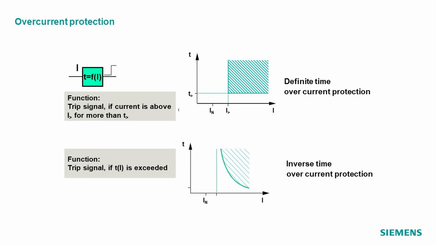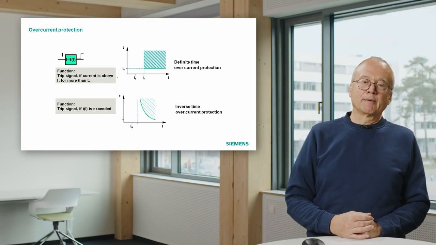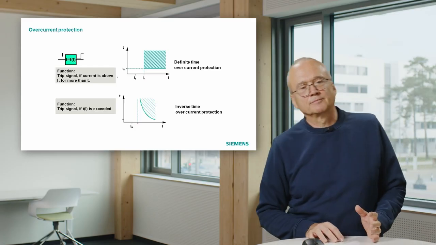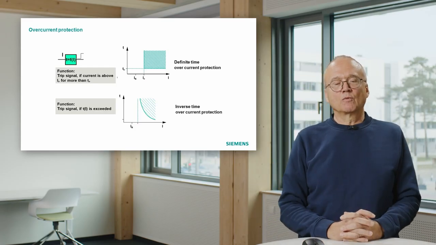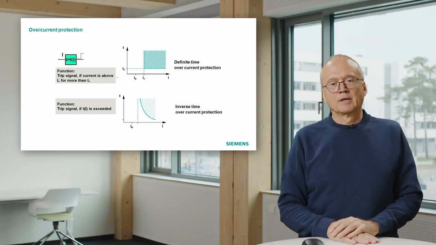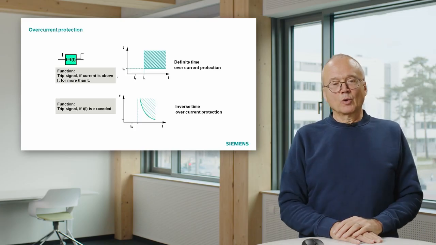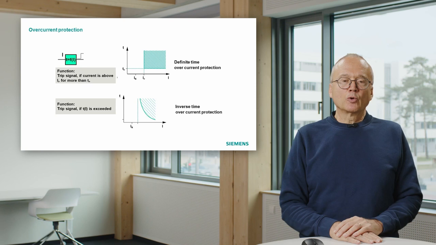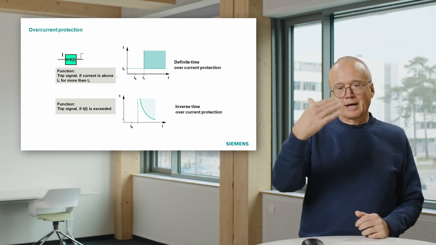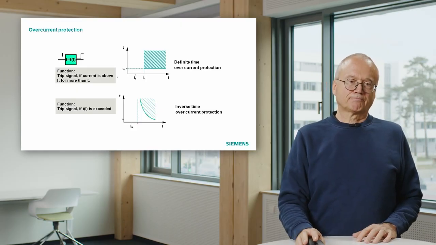That means if we are slightly above our limit, we trip with a longer delay time. If we have very high current, we trip with a shorter delay time. That's a typical characteristic you may know from fuses. This is called inverse time characteristic, and we will show in a separate chapter how you can get selectivity by applying these concepts. So either using definite time or inverse time characteristics.